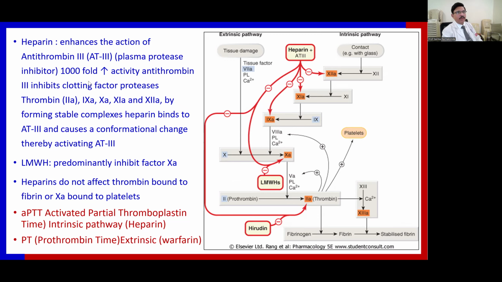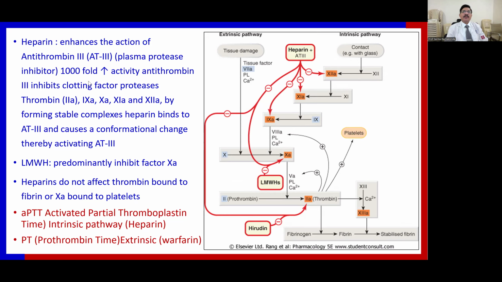Now, I will give you a question. You answer that. I have tested a patient's APTT and PT and thrombin time. All the three I tested. APTT normal. Thrombin time prolonged. PT prolonged. Where is the defect?